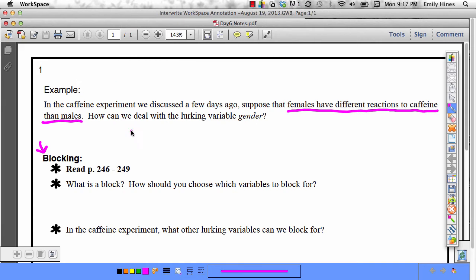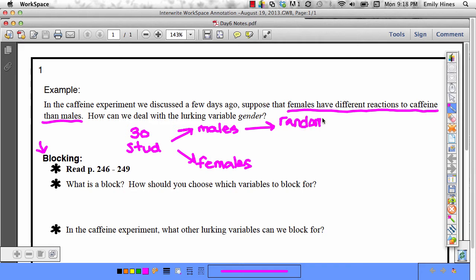So if I had 30 students in my class, before I split them into groups, I would put the males in one pile, the females in another. Then, using the hat method, where I put all their names on a piece of paper, put them in a hat, mix them all up, I would randomly assign them to either caffeine or no caffeine.